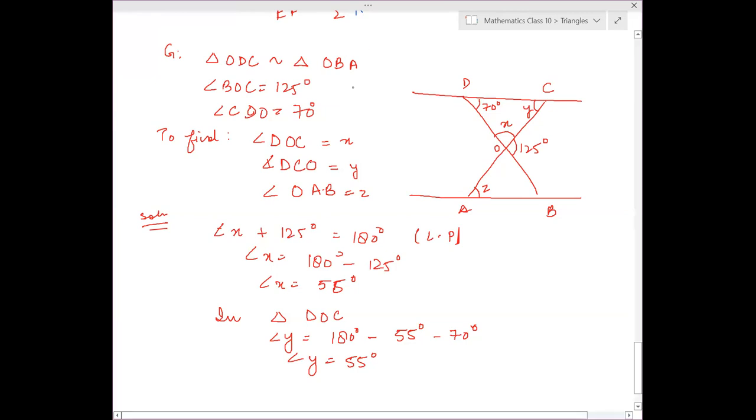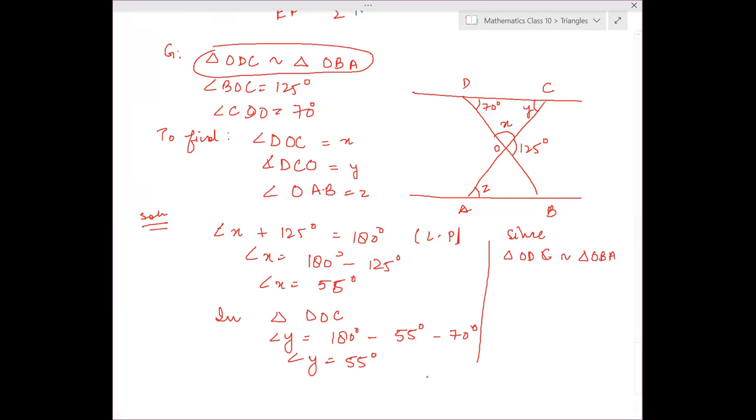See, angle DCO is equal to angle OAB. Why? Because triangle ODC similar to triangle OBA is given. Exactly, it is given. So make use of the given condition. The triangles are similar, so the corresponding parts are also equal. So since triangle ODC is similar to triangle OBA, what can I write here then?